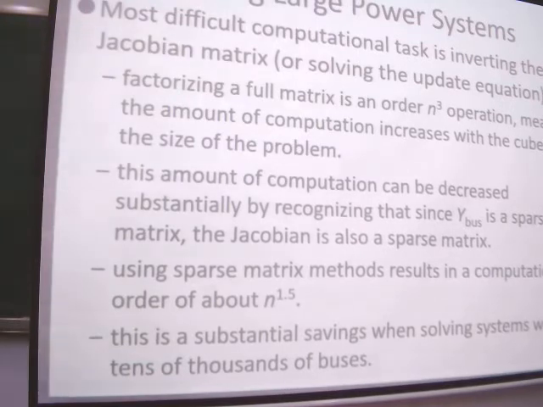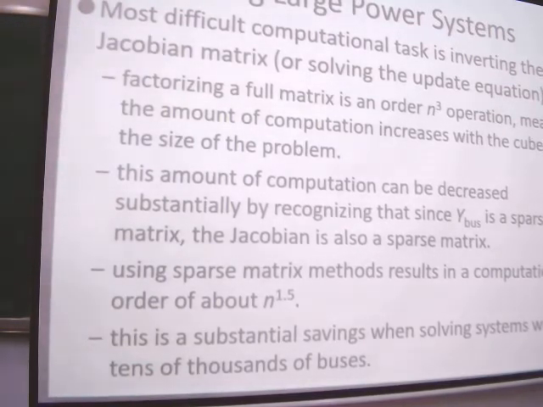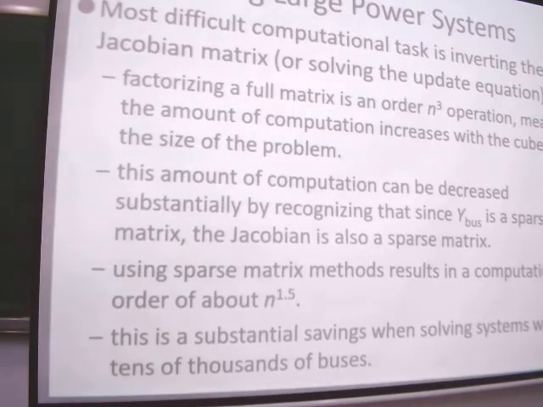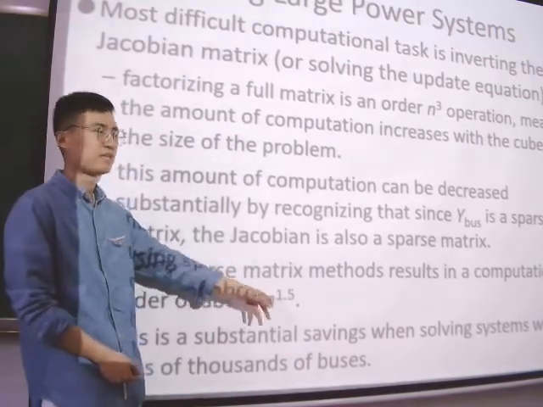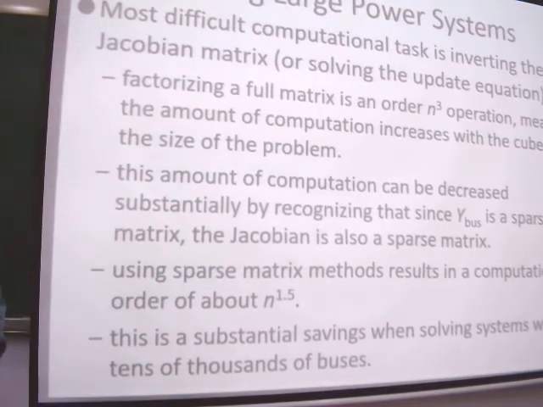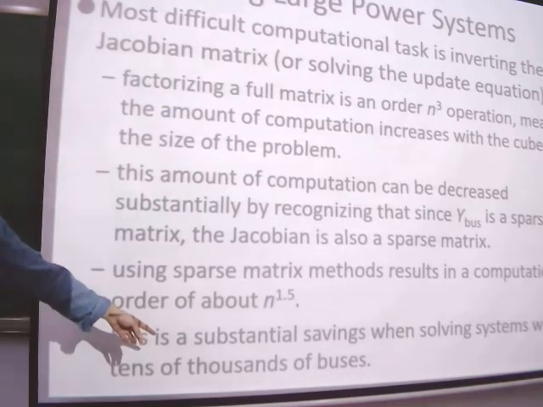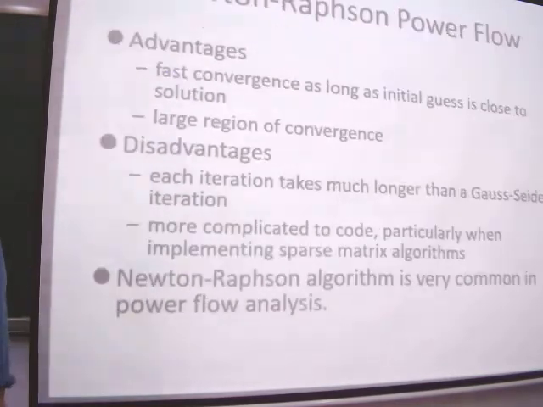Finally, using a sparse matrix, the computation order will be decreased to less than half of the previous complexity. This is a very clear advantage, especially if we have thousands of buses.